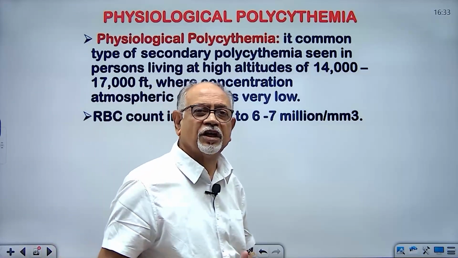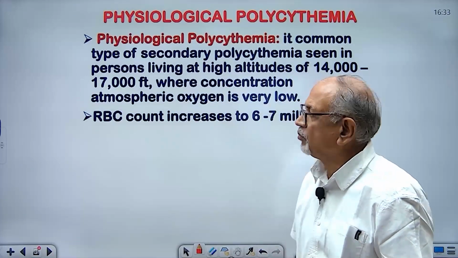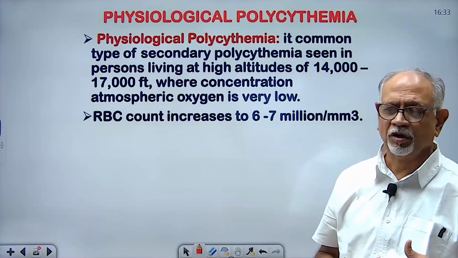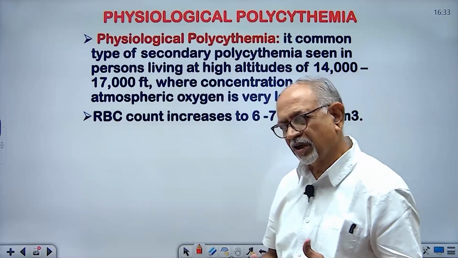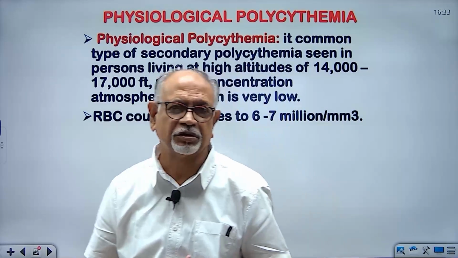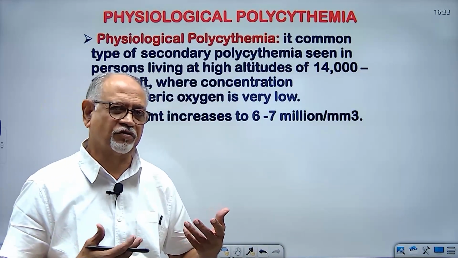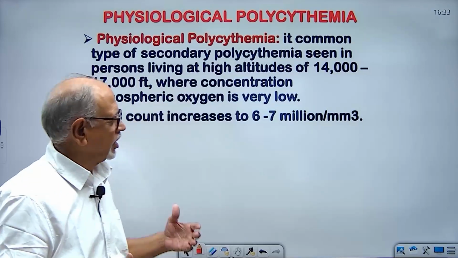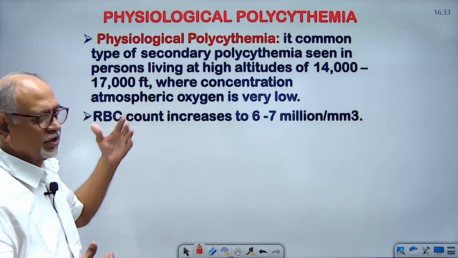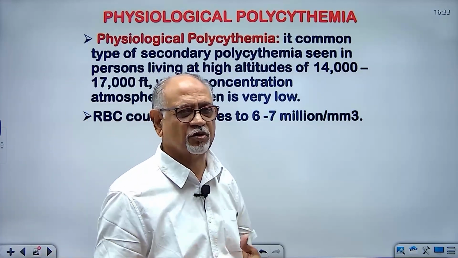Now, this is called physiological polycythemia. When one goes to a high altitude, due to less amount of oxygen in the air, hypoxic conditions develop and more erythropoietin is secreted.